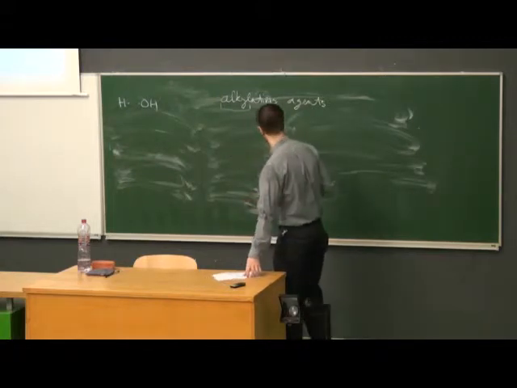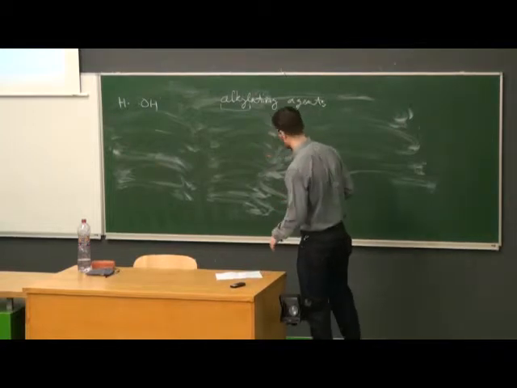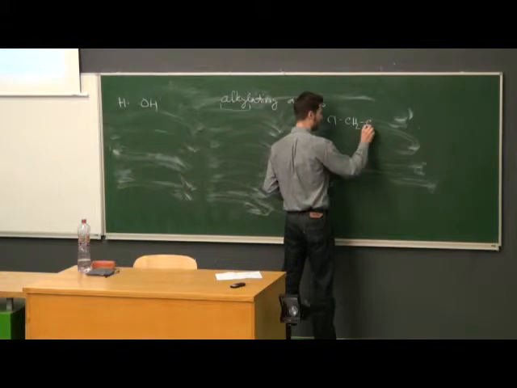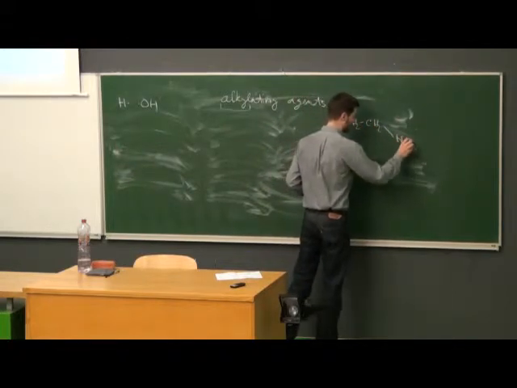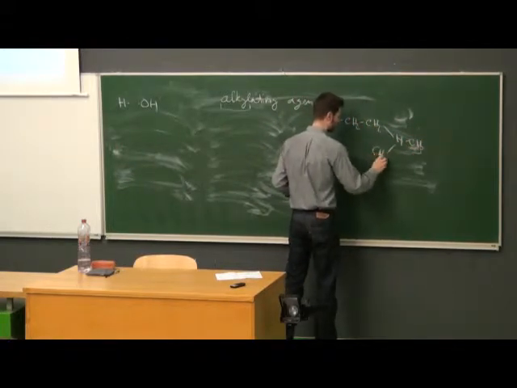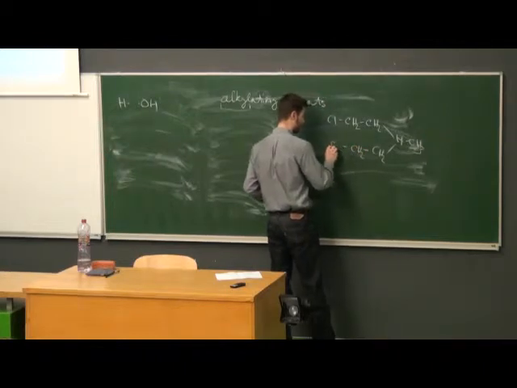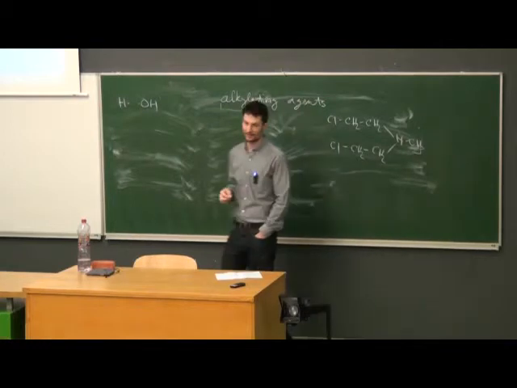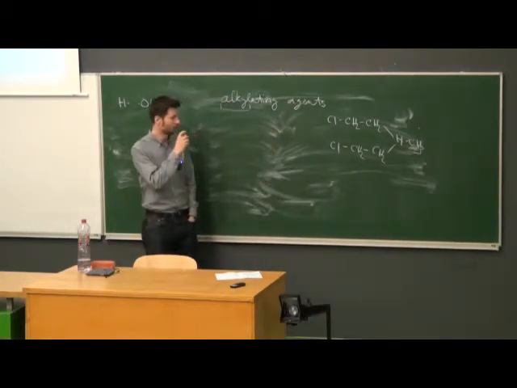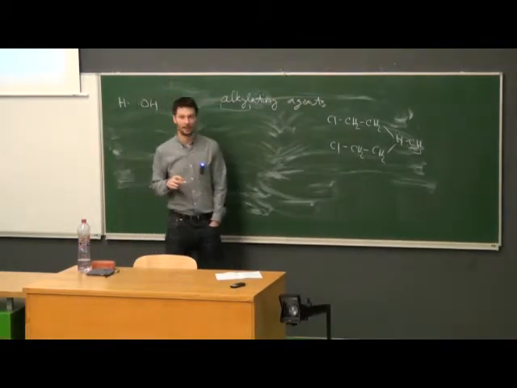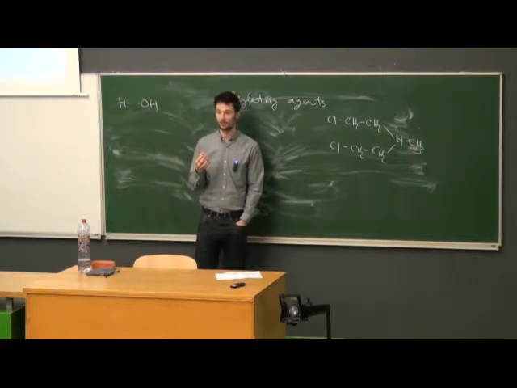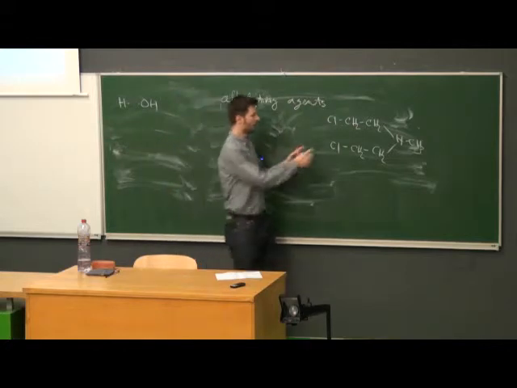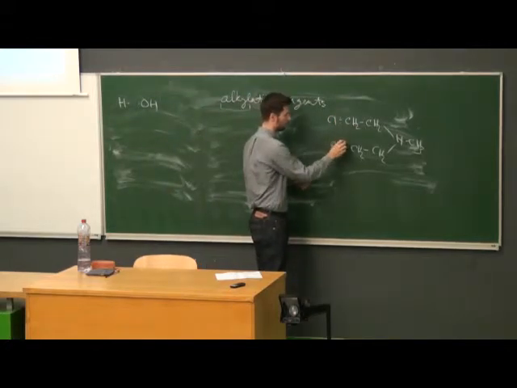I will draw one of them, the structure, although you don't have to draw it. So this is one of the agents used as an alkylating agent, one of the compounds. And the alkyls, the residues of hydrocarbons that bind to DNA, are basically these bits.